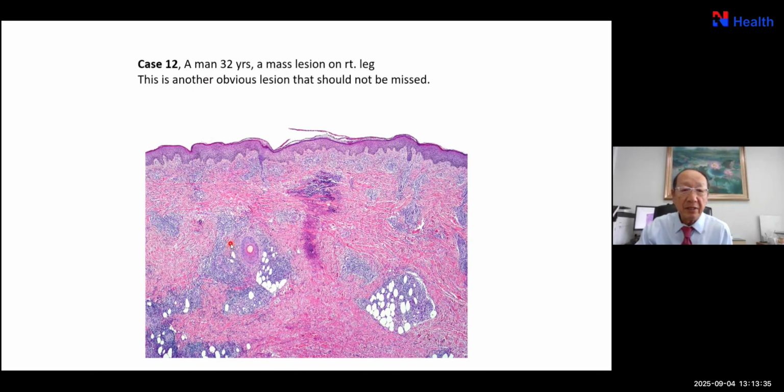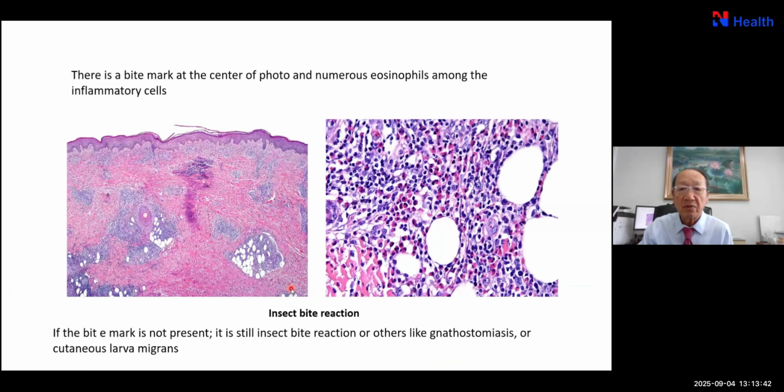The inflammatory response is quite intense. The characteristic is that it has a ton of eosinophils, a huge number of eosinophils. The reaction like this mainly comes from toxin or parasite like gnathostomiasis, larva migrans. They produce intense reaction.